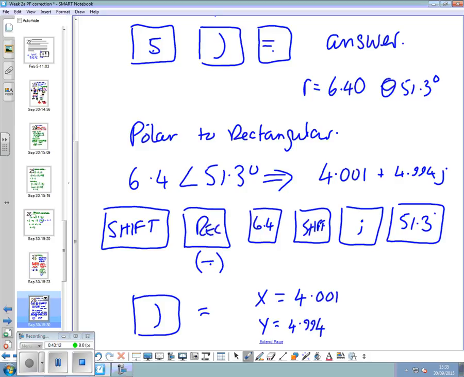So that's fairly easy, but you could see that if you then went backwards and forwards several times, you could be compounding errors quite significantly if you're not careful. So convert by all means, as long as it's clear what you're doing, but don't go backwards and forwards too many times.